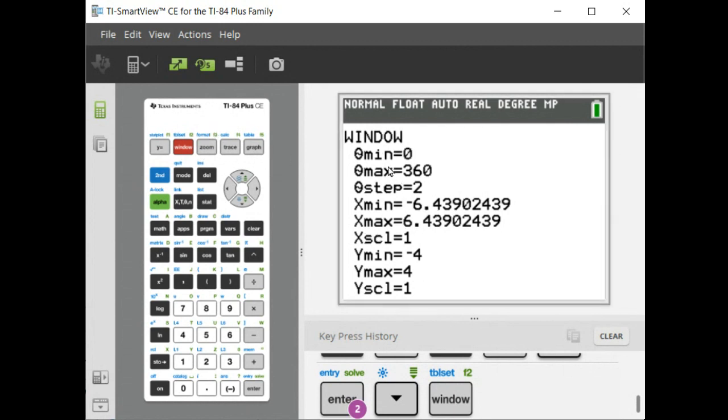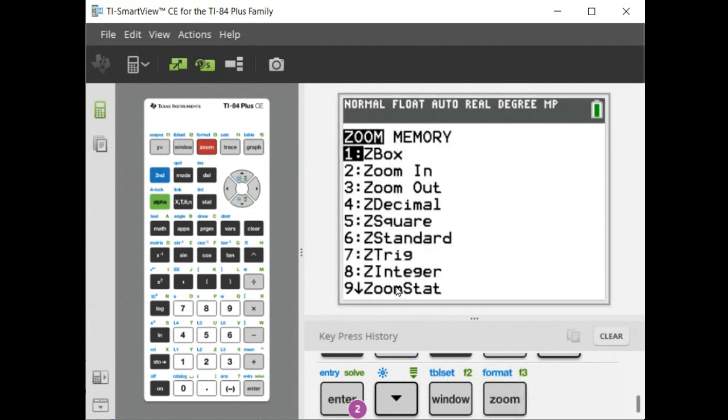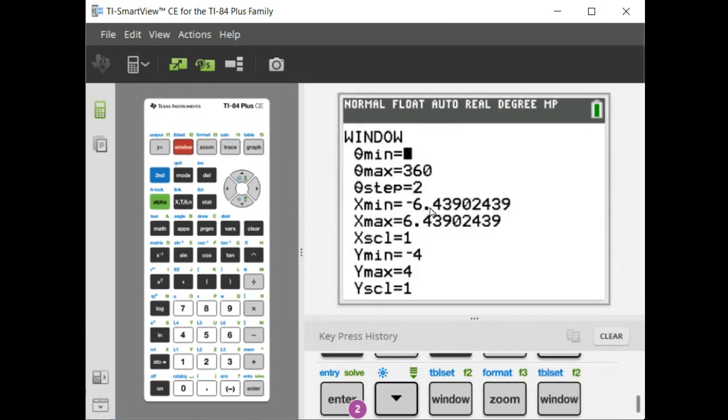Okay, how about this? Let's forget all this and just hit zoom standard. Go down here and hit zoom 6. We'll go to the standard size. Does it work now? Now I see. Okay, thank you. It's working now. It's something to do with what you're typing in here.